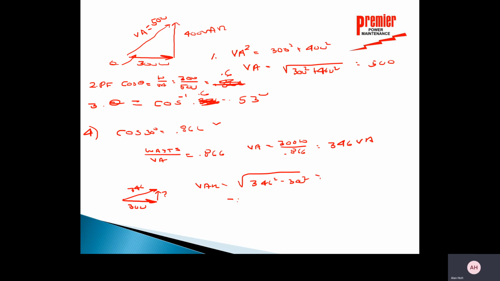And when I crunch out the numbers for those VARs, they turn out to be 250. So that's my new power triangle. Being able to go back and forth and work with angles with those things is going to be pretty important for you on the test.